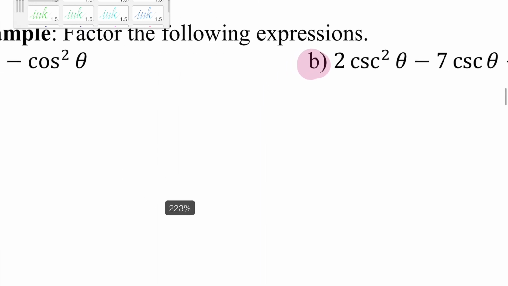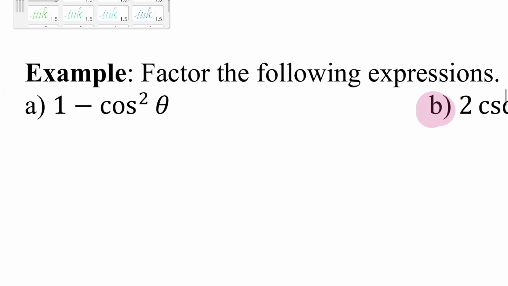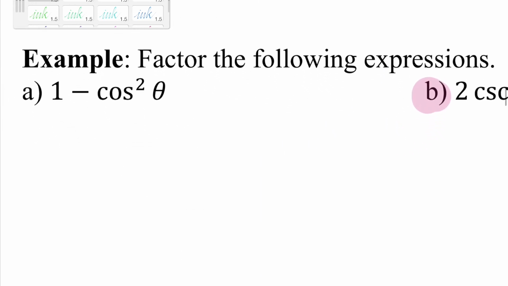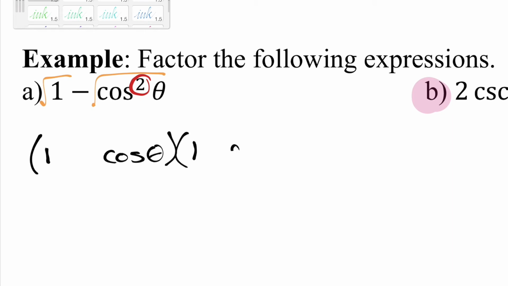This next bit, we're going to be factoring some expressions. So for this particular situation, I have a cosine that's squared. So this is very reminiscent of our difference of squares. So I could take the square root here, the square root here, and know that in order for the middle term to have canceled out, that means that I should have opposite signs in the middle.